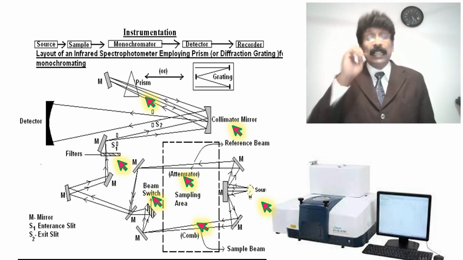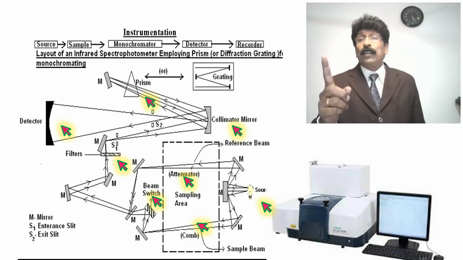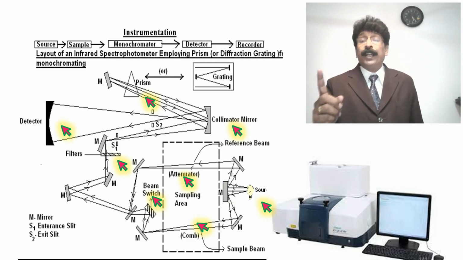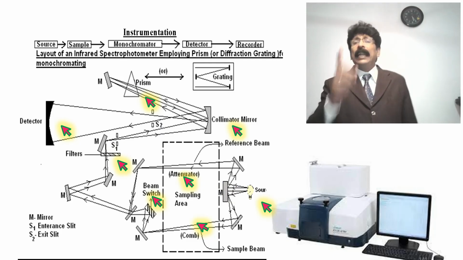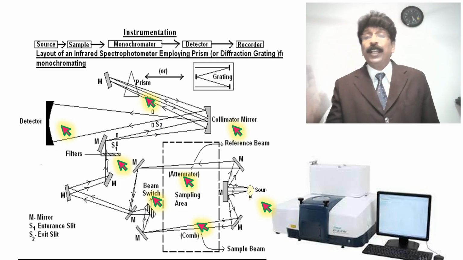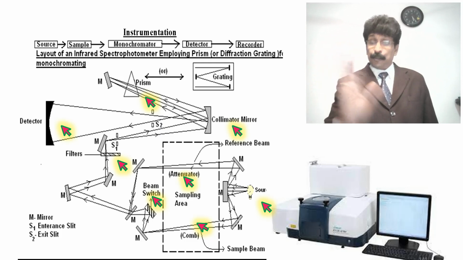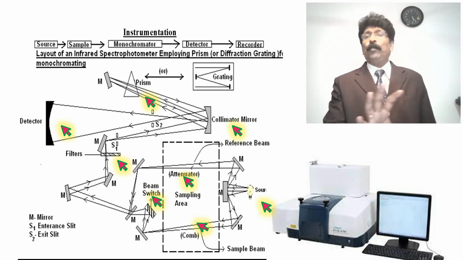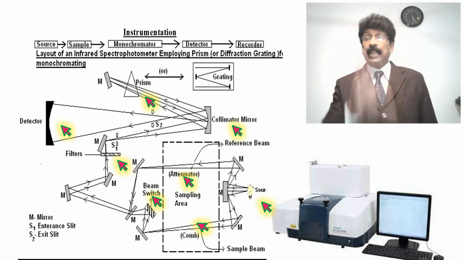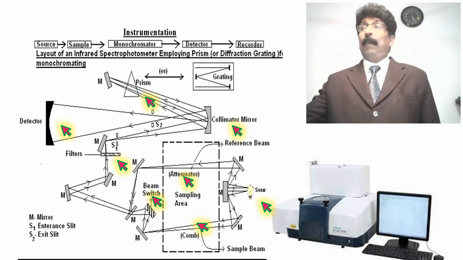Here the student should remember, in UV spectroscopy or UV spectrophotometry, we studied very clearly that a photometer is an optical instrument. A spectrometer is an optical instrument which contains a monochromator to give the light to fall on the sample, and then the detector.